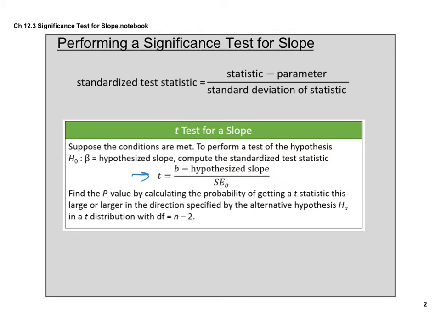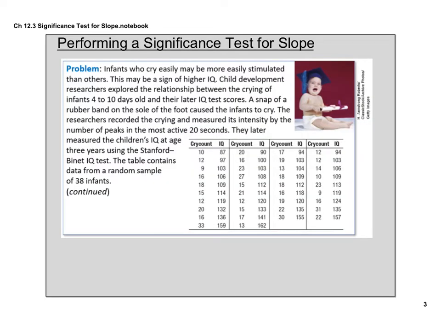Null is that beta is the hypothesized slope. You have to find your t-value, your test statistic, meaning the sample slope minus the hypothesized slope divided by the standard error. So find the p-value by calculating the probability of the t using degrees of freedom n-2 in reference to your alternative.